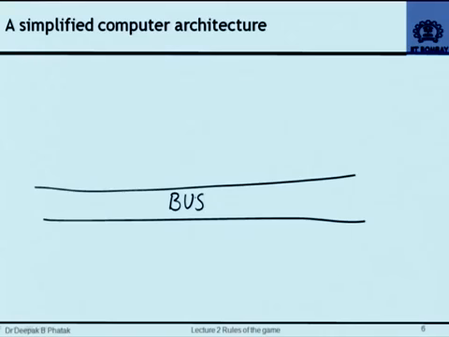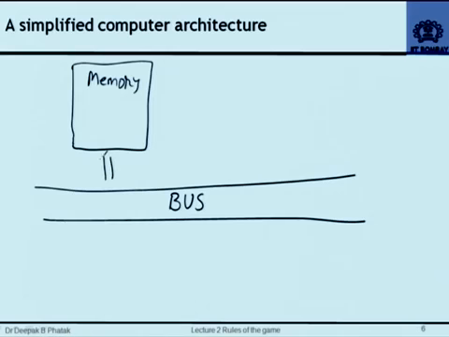So this is the bus across which the electronic bits flow. There is indeed a memory here, a memory block. And this is connected to the bus. The computer's processor is also connected to the bus.